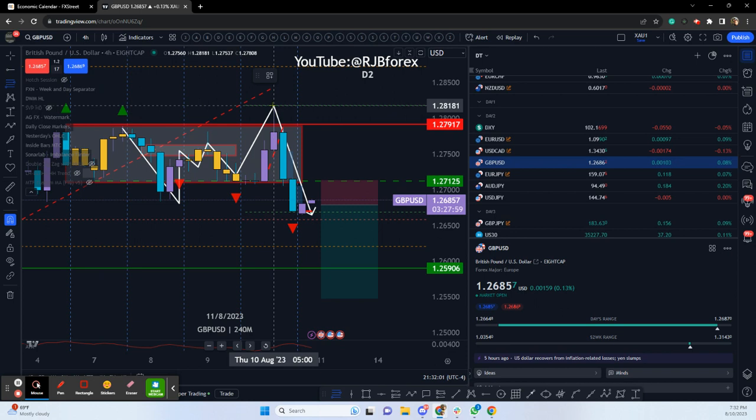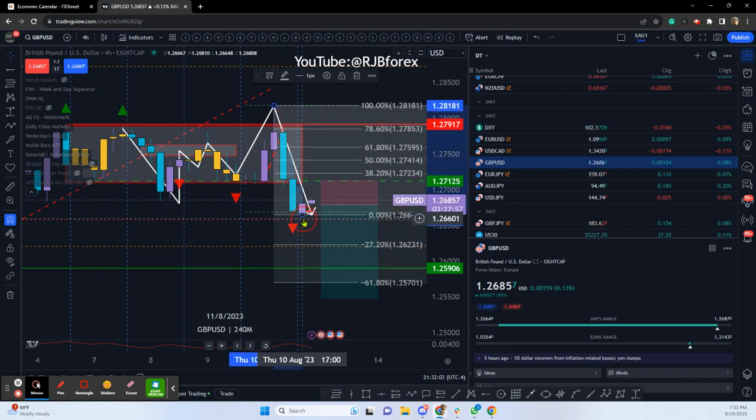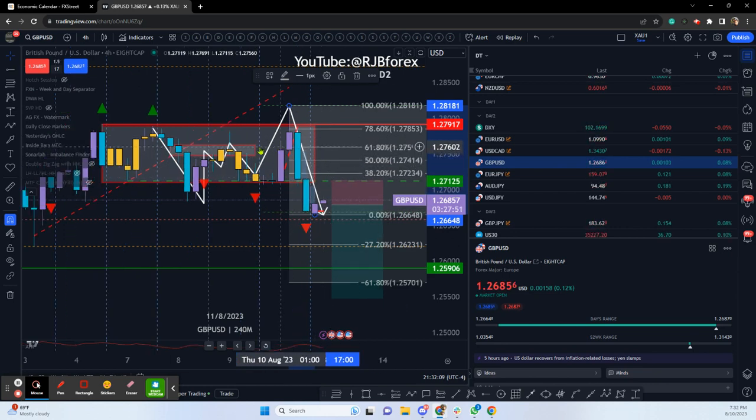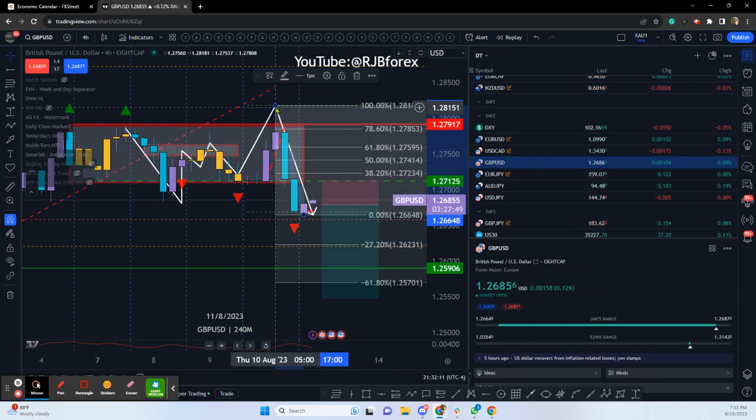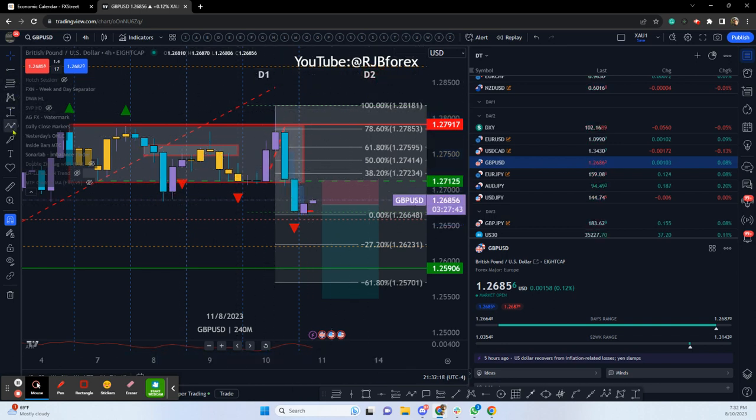I'm going to measure this Fibonacci scale and identify that we could be moving back up into test territory within the range again, and we'll be looking for the subsequent rollover from there.